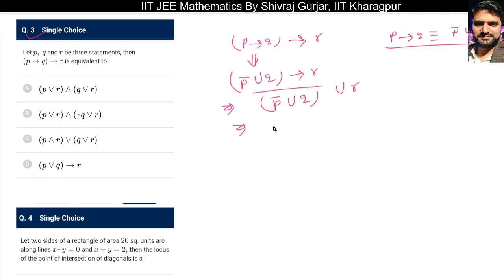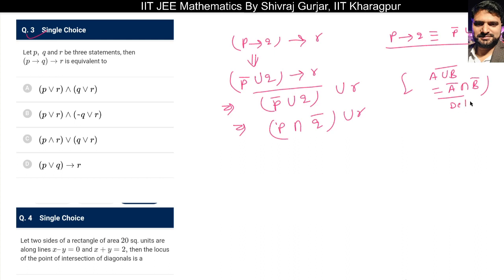Now let us open this. So this P bar, the union will convert into intersection, and Q bar union R. This is what we have applied here. This is A union B bar, if we take negation then there will be A negation intersection B negation.